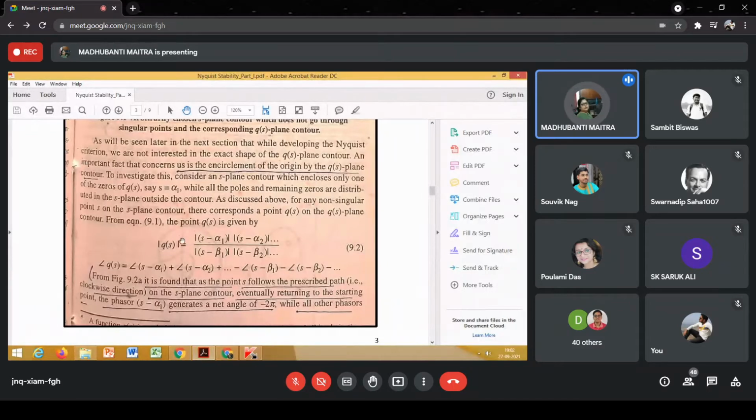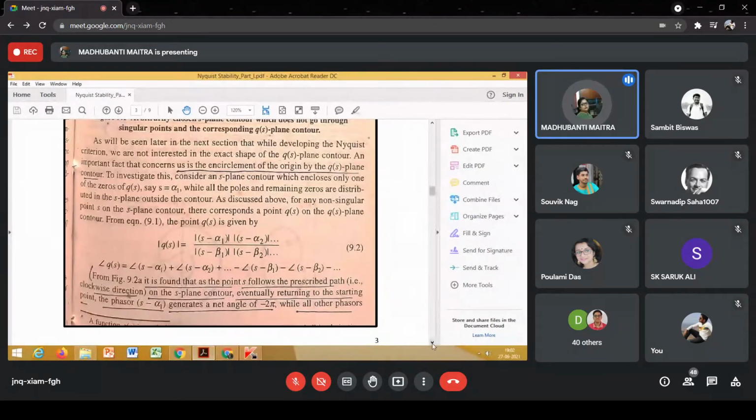So the magnitude of Q(S) will be equal to the magnitude of S minus alpha 1, the phasor length, multiplied by the phasor length of S minus alpha 2, and so on. And in the denominator, we'll get the magnitude of S minus beta 1 times the magnitude of S minus beta 2, and so on, right? So this equation will give us the magnitude of Q(S).